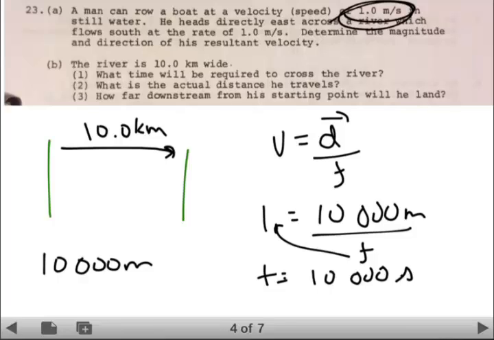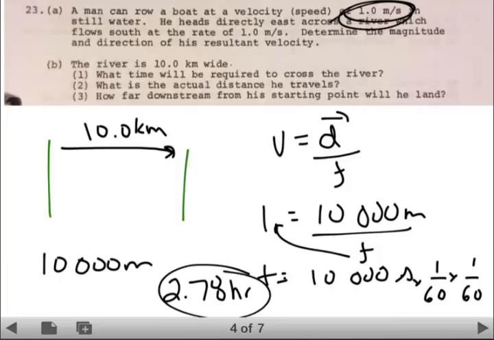Of course, you could say that 60 seconds is 1 minute, 60 minutes is 1 hour, and convert that to hours or minutes. It just might be more reasonable that way. If you do convert it to hours, it's about 2.78 hours that it takes him to get across. So that's what happens when you work at 1 meter per second, I guess. So it's going to take him about 2.78 hours to cross.